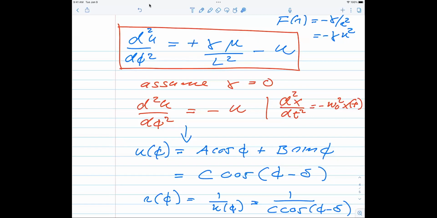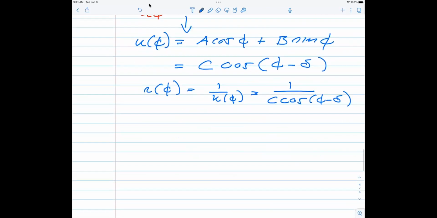Since this is a constant, we can guess a solution which contains a new constant plus the solution we already have. So in order to find the solution, we assume that there is a new function, w of phi, which is equal to u of phi minus the constant we have, which is gamma times mu divided by L squared. This is the function which we guess now.